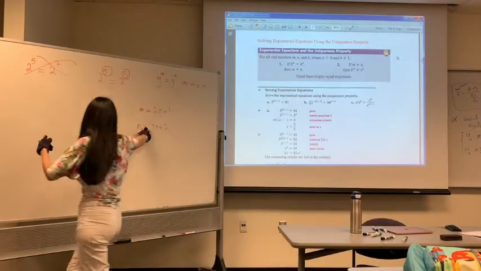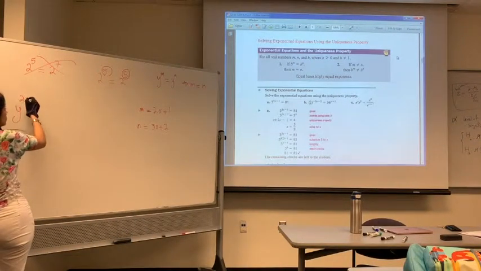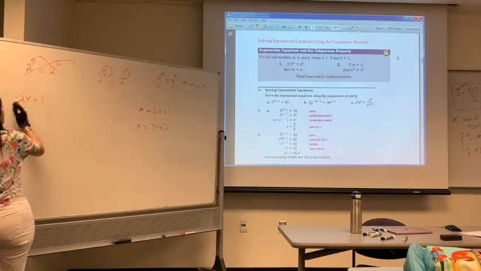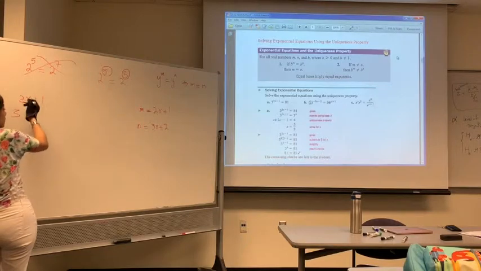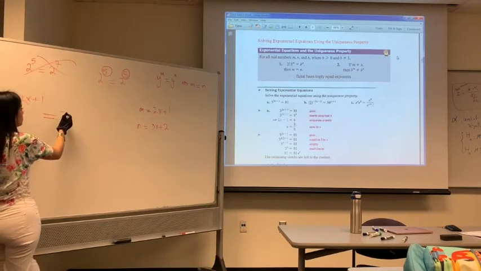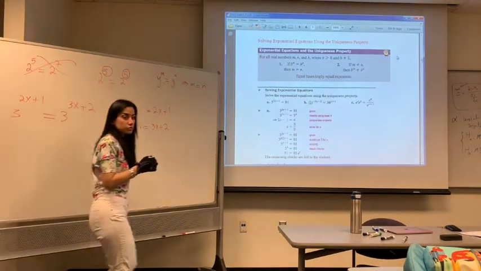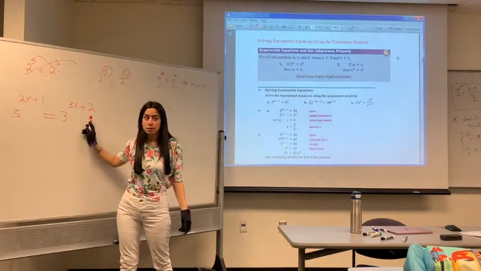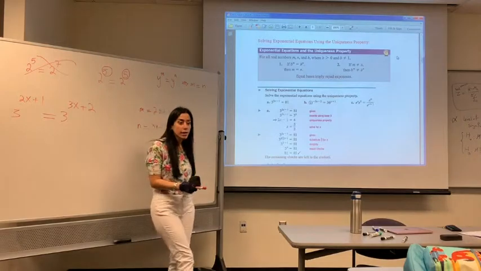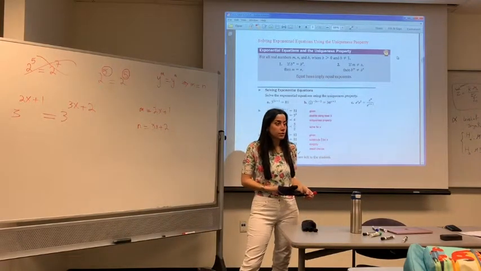And now let's use this exact same thing. Let's write down just a number: 3 power 2x plus 1 equal to 3 power 3x plus 2. So one was m, another was n. Now how can I solve this for x using the rule?